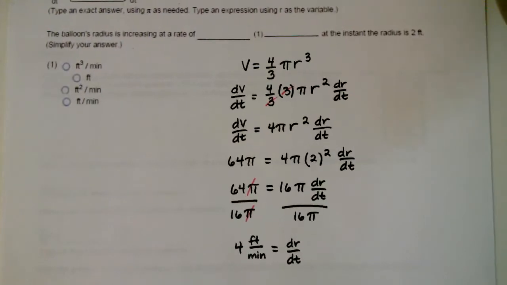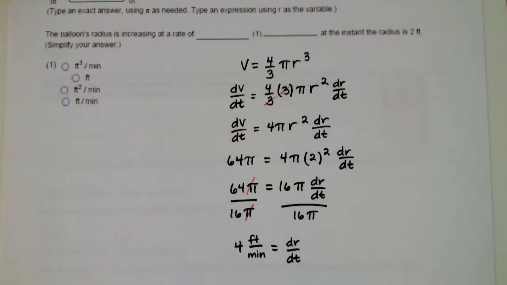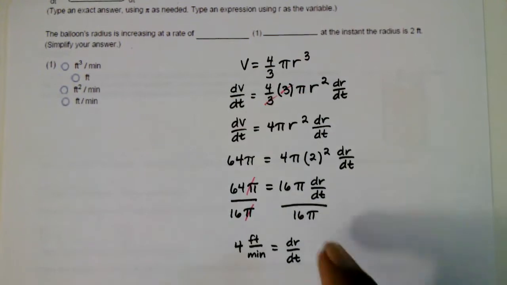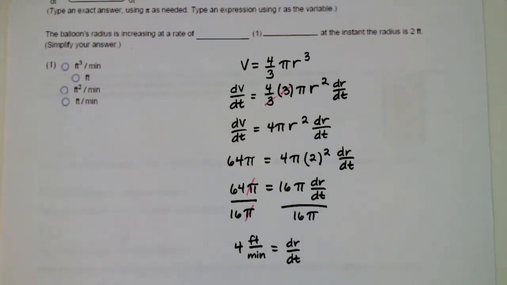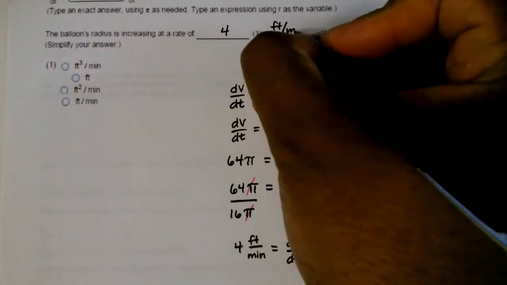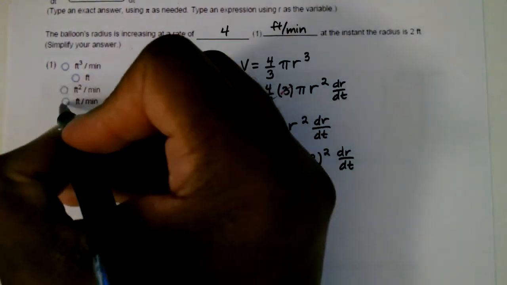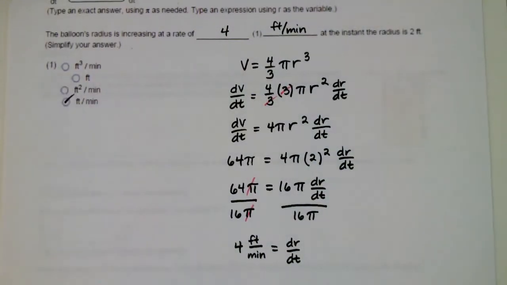Because again, the radius is in feet, the unit of time that we're dealing with is minutes. So as a rate, it's going to be in feet per minute. So the balloon's radius is increasing at a rate of 4 feet per minute. There we go. 4 feet per minute.